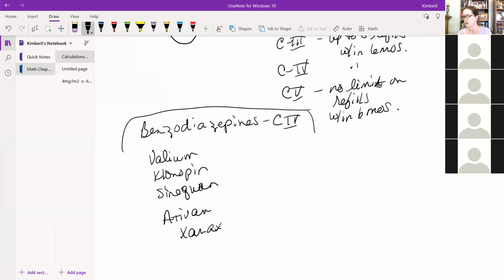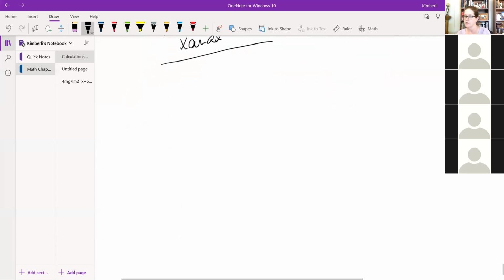Okay, so all of these are C4s and they're relaxants. There's 4 uses for benzodiazepines, but that's not this class. So we've got these 3 pieces of information when we fill prescriptions or when we fill a drug order in the hospital.